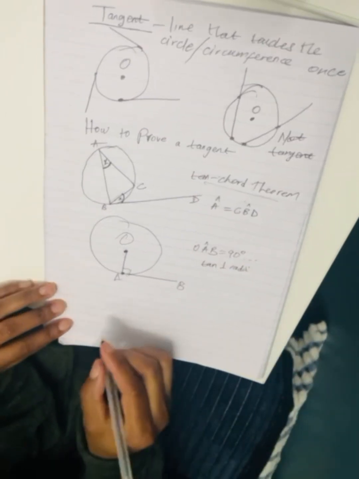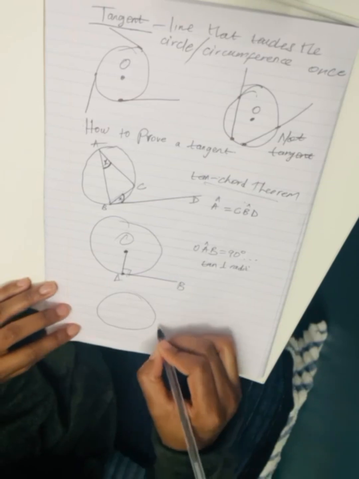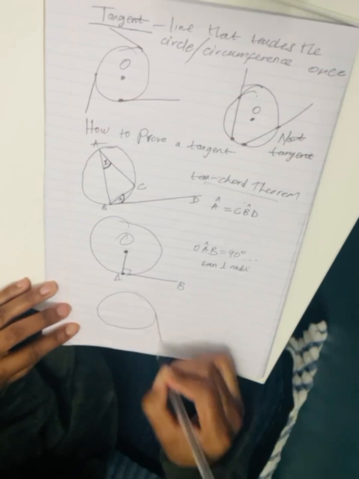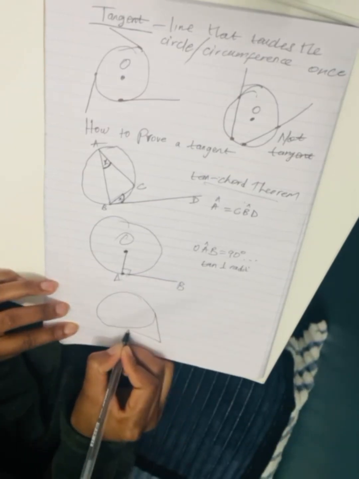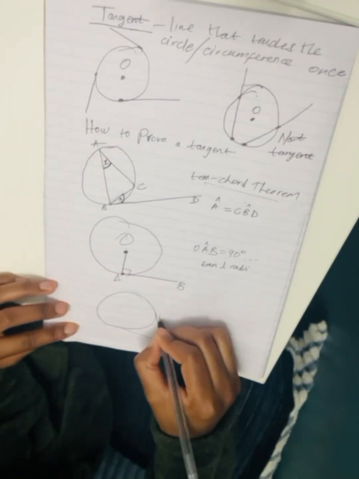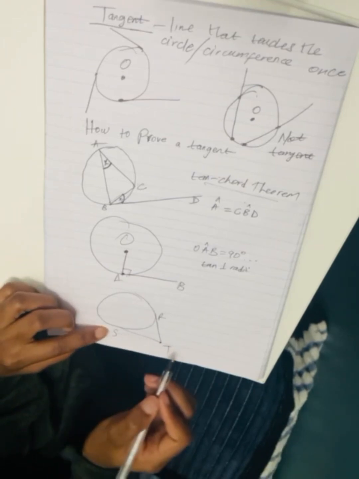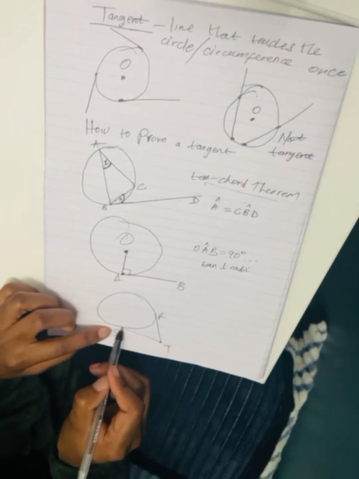And then the last theorem for a tangent. Let's say we have two tangents, this one from here and another one coming here. This is point T, this is R and this is S. These are two tangents because each touches the circle once.